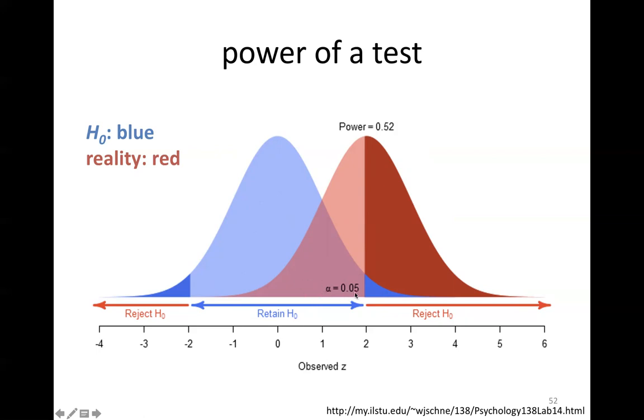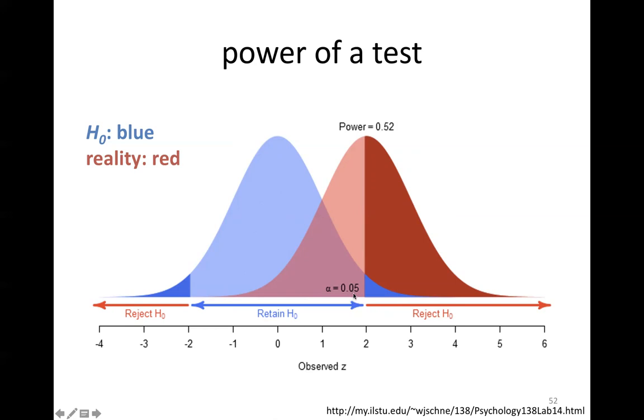So any sample that we collect that has a mean here won't lead to rejection of the null hypothesis. Okay, because this is the rejection area, this blue part, you see.